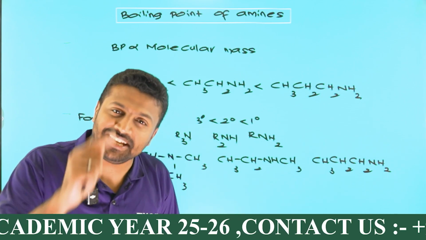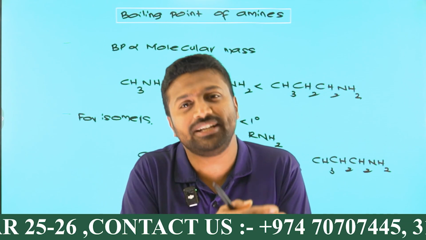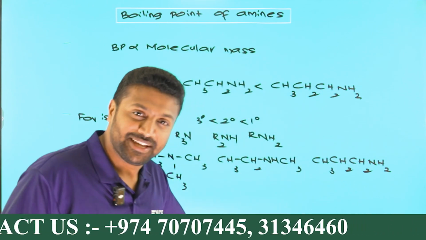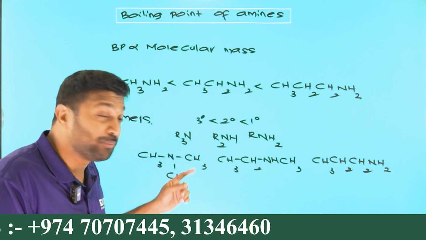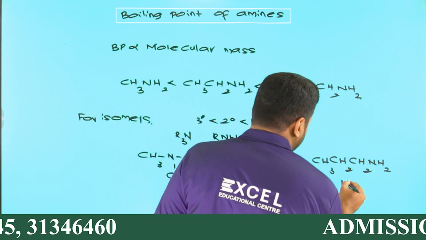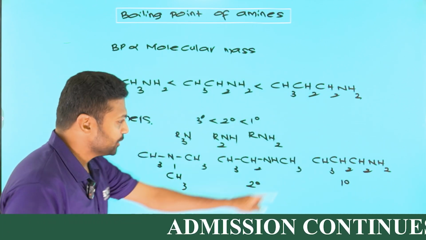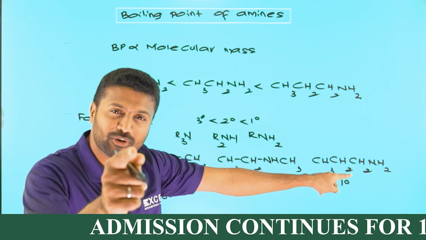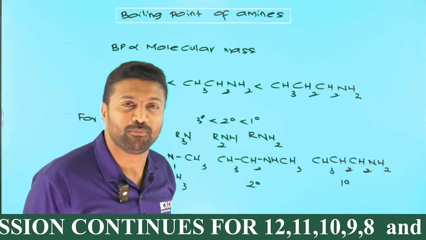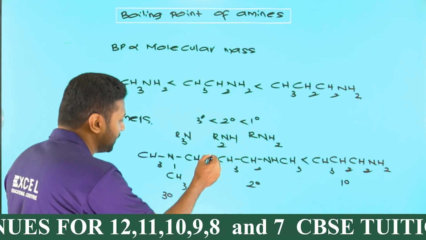The first criterion is molecular mass, but here it is the same, so check primary, secondary, tertiary. This NH2 is primary, this NH is secondary, this N is tertiary. Primary has more H, so more H bonding, more force of attraction, and a higher boiling point. So the first one has the highest, then the second, then the third.